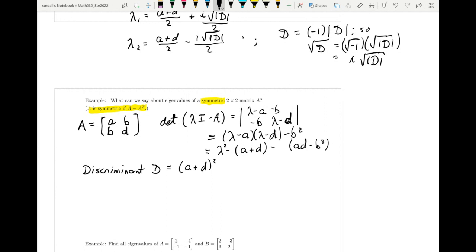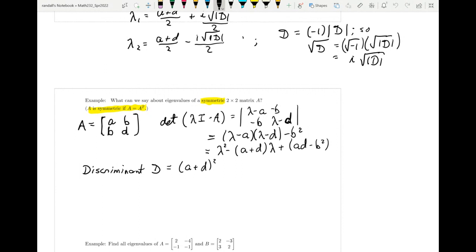That's the polynomial, but the discriminant has, and actually that's a plus sign, isn't it? Good, so the discriminant is going to be (a minus d) squared plus 4b squared, and let's not forget that lambda here. Okay, so there's my characteristic polynomial.